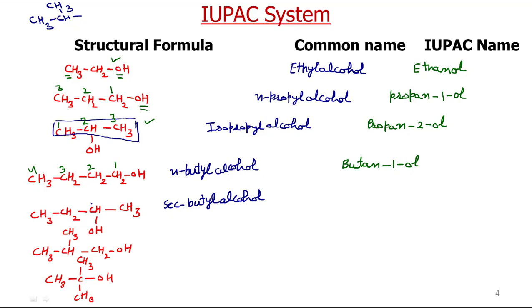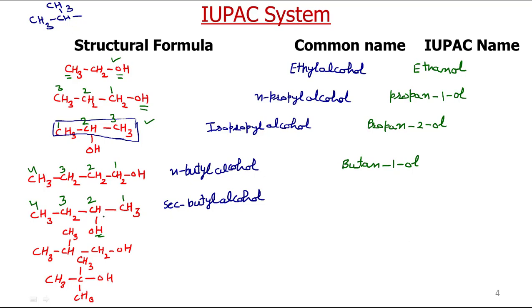In order to have its IUPAC name, we have to number it. Numbering, we have to start from that side which will give the lowest locant position to the OH group. So we will start numbering from this side, 1 2 3 4.